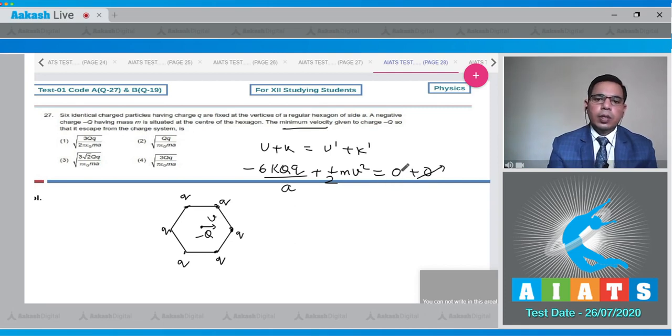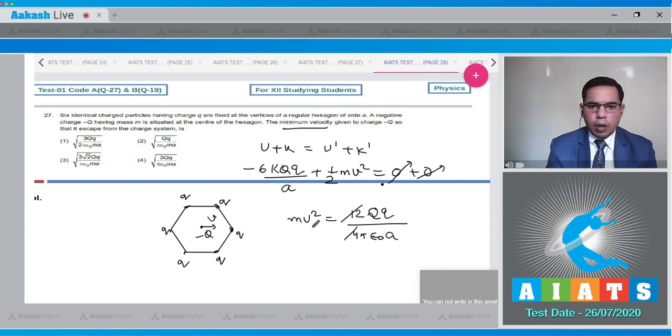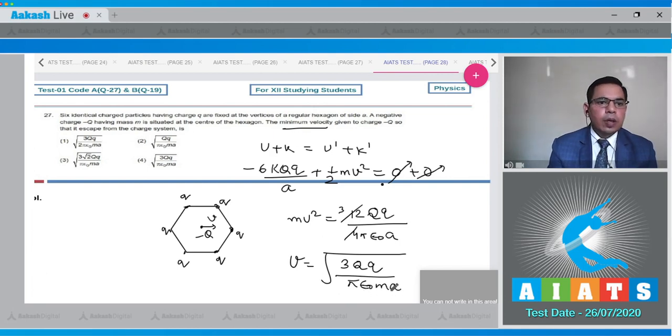Since it has escaped from this potential, the potential energy is also 0. Equating, we get mv square equal to 12 qq upon 4 pi epsilon naught into A. After simplifying we get V as root of 3qq upon pi epsilon naught into Ma. Option number 4 will be the correct option.